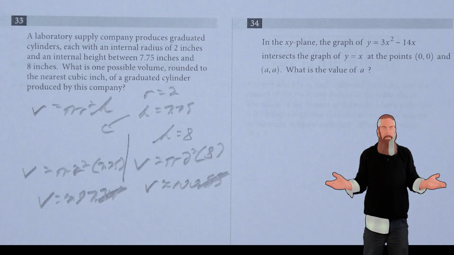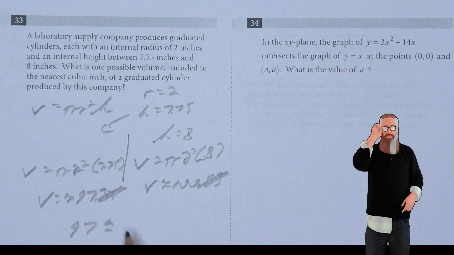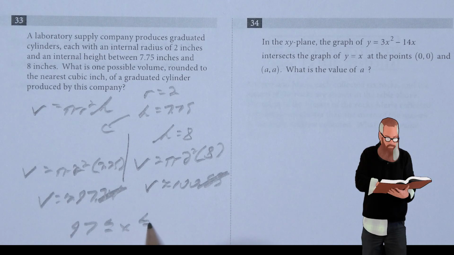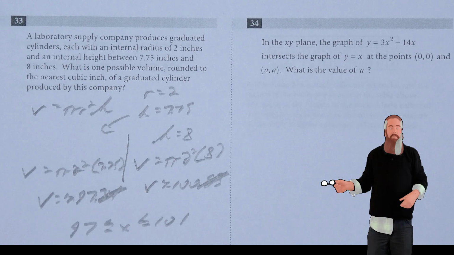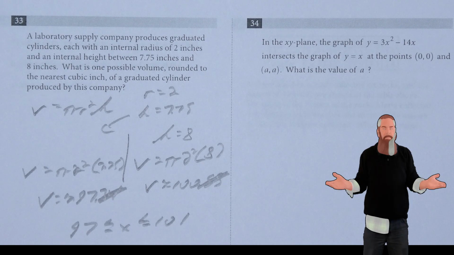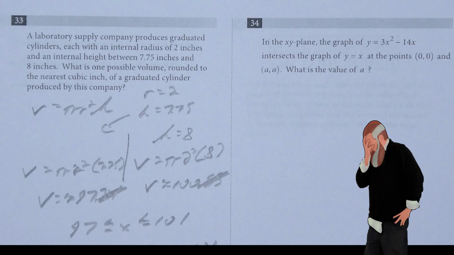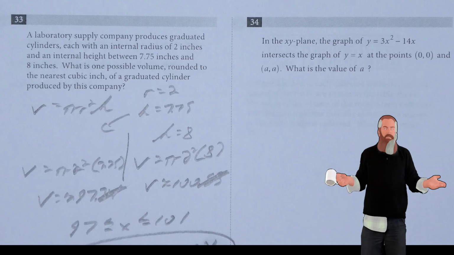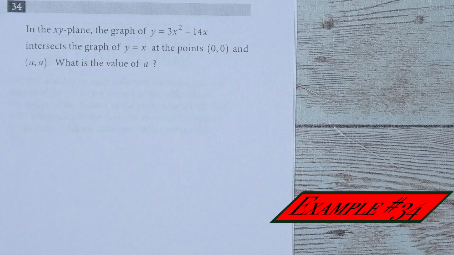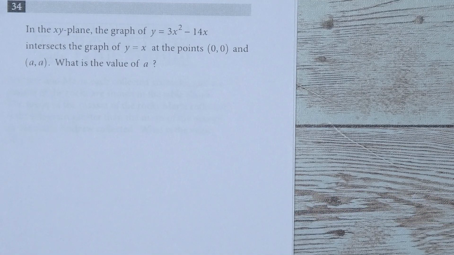And again, we drop off that 0.53. This means we're dealing with 97 is less than or equal to x, less than or equal to 101. Our possible volumes are 97, 98, 99, 100, and 101. There's our answer.